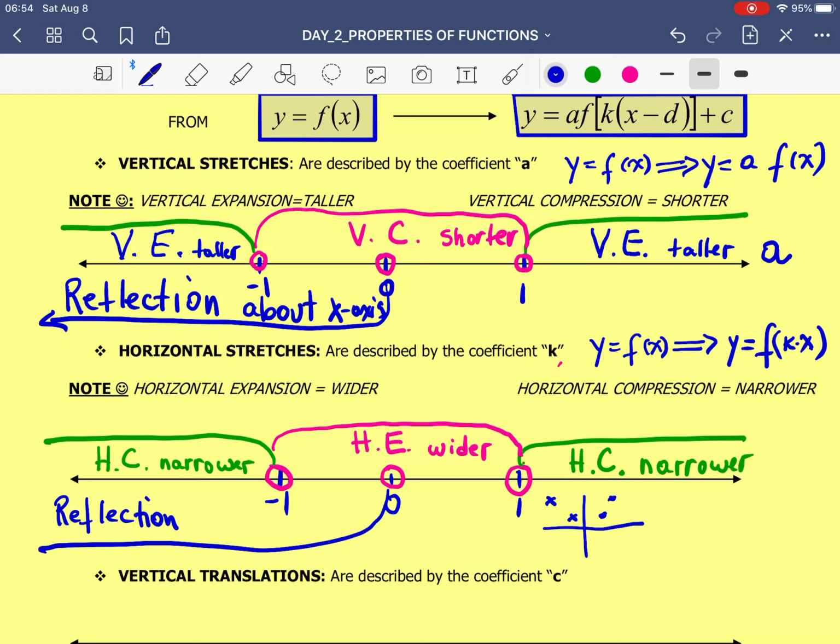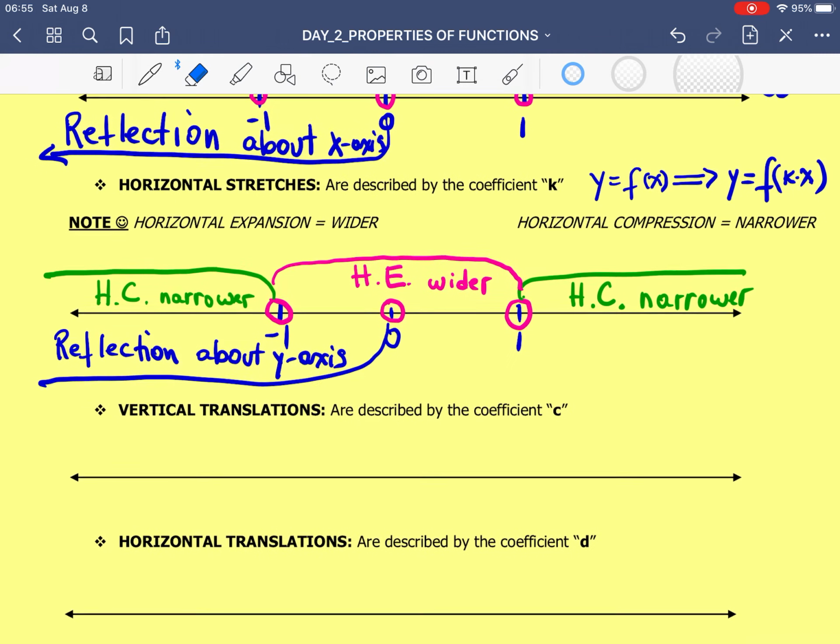This point will go to the other side of the y-axis. So the x-coordinate will become opposite. That's why we call this a reflection about the y-axis. And some people prefer to call this a reflection of x-coordinates, which is totally fine. It's correct. It makes sense. Okay. I usually try to stick with one way of describing a transformation so that I won't mix them up with each other.